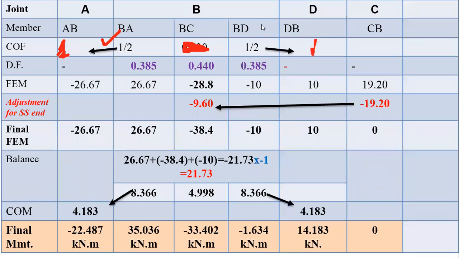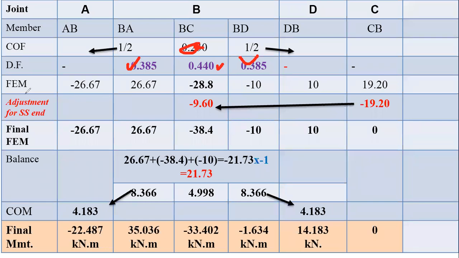So there are only two carry over factors, BA to AB and BD to DB. Then distribution factors. From step number 2, what distribution factors have we got? We have to write down the distribution factors for the respective members BA, BD, and BC. So these are the distribution factors.